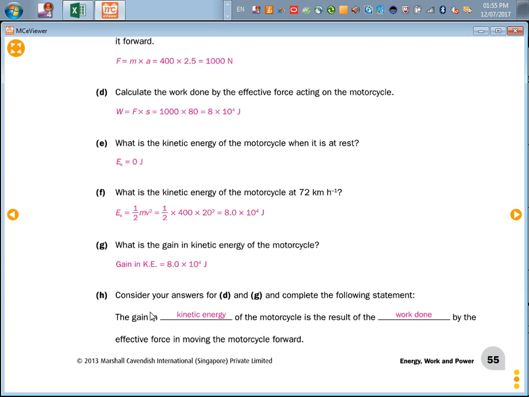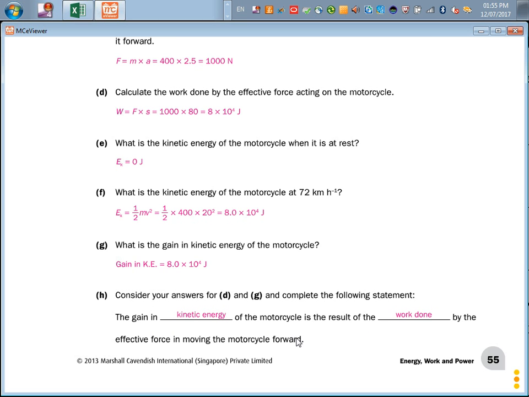So, answering this question, the gain in kinetic energy of the motorcycle is the result of the work done by the force in moving the motorcycle forward. Since energy cannot be created or destroyed, it has to be converted from one form to another, so this kinetic energy must have been provided somewhere.